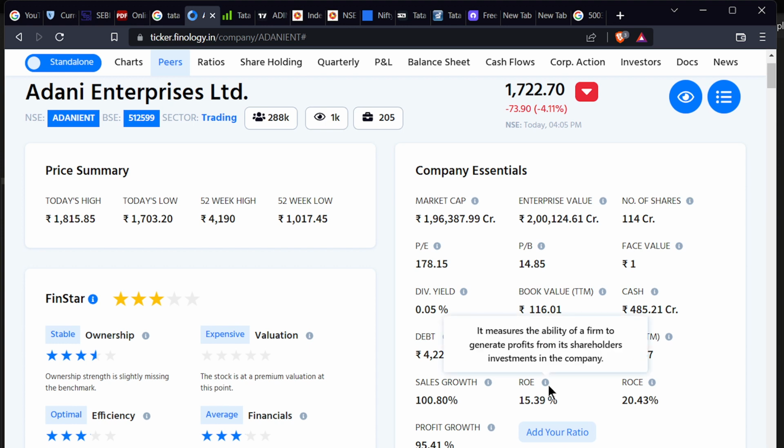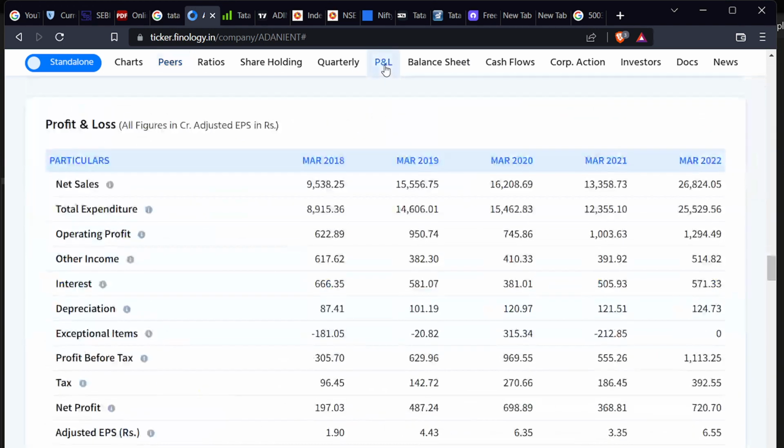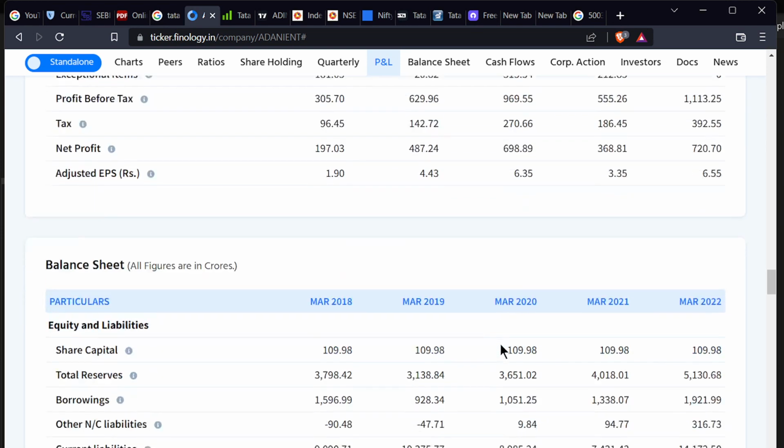Profit divided by equity. The profit we get from the profit and loss statement; here the net profit is 720. The equity we get from the balance sheet: equity means share capital plus total reserves. So 720.70 divided by 109 plus 5130 gives the ROE ratio.